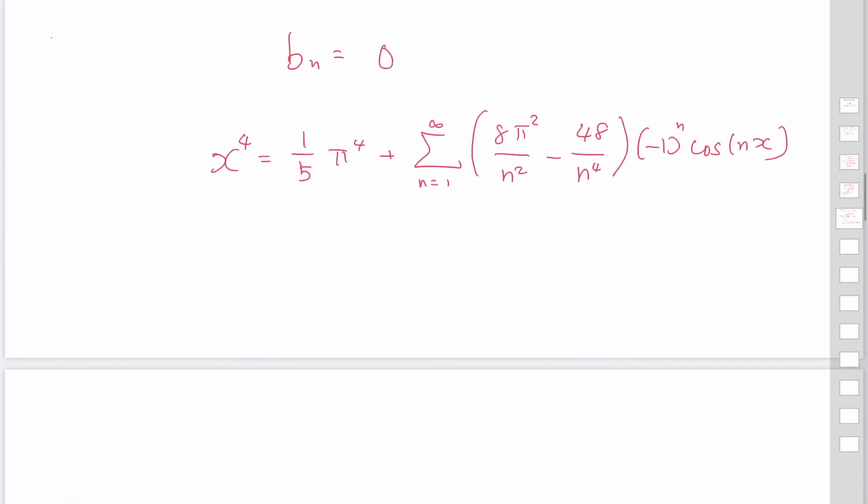This is the trigonometric Fourier series of x to the fourth.